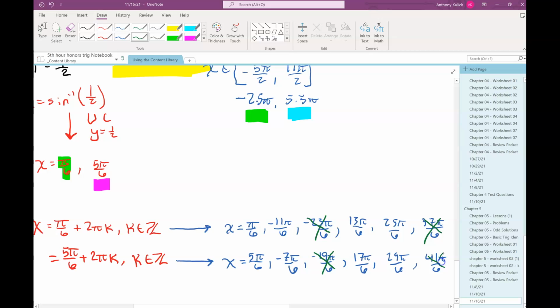That's way too big. So my solutions there are the ones that we have left in blue. So you can see that the infinite solution, even if you're not asked for an infinite solution, can be really useful if you're given a weird interval in which to solve over, right?